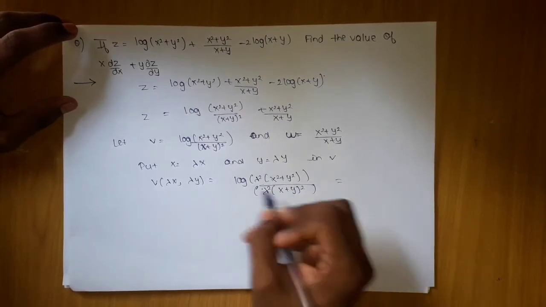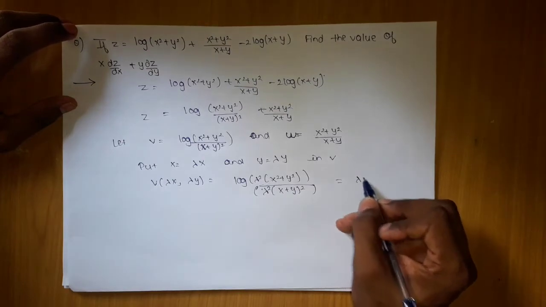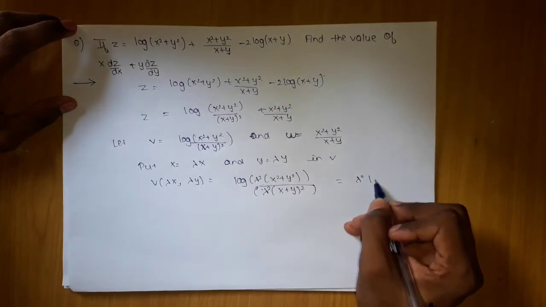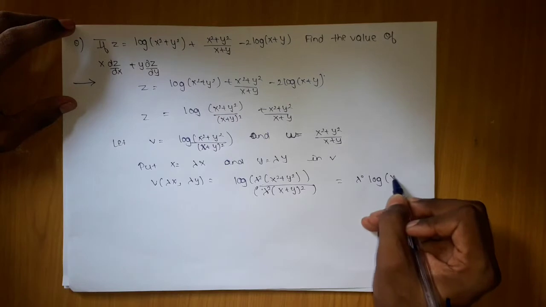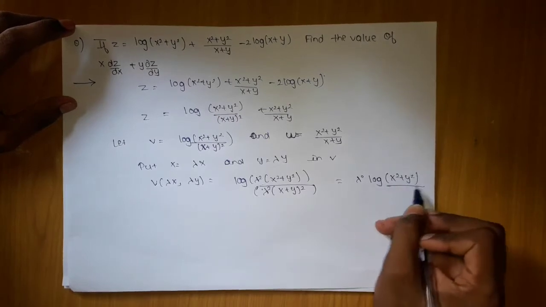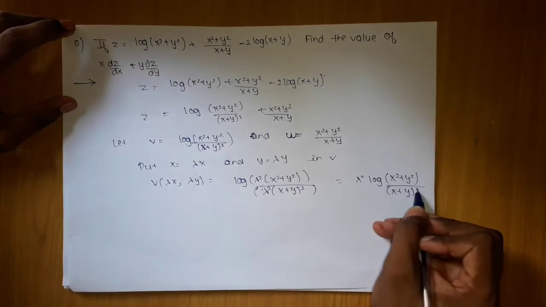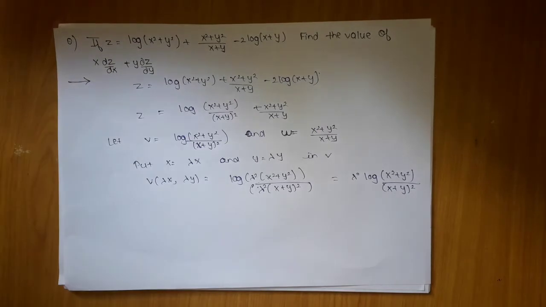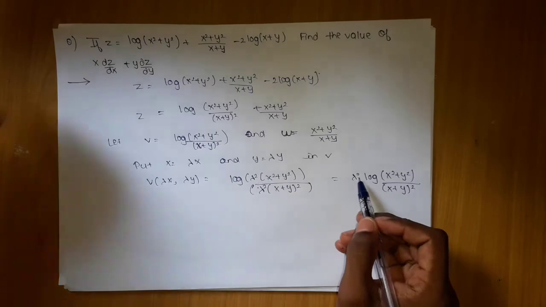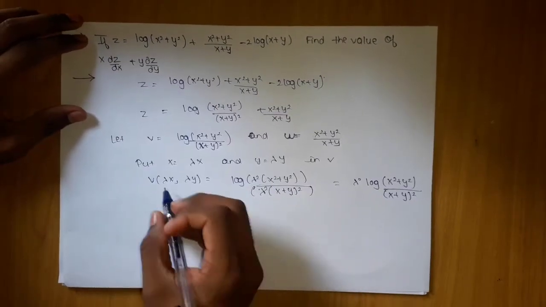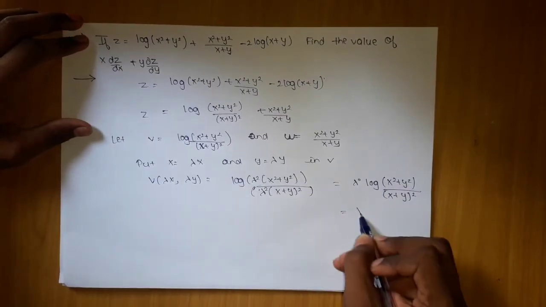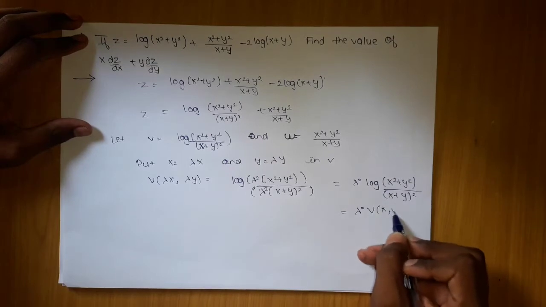So you can clearly see our lambda square will cancel out. We are finally left with lambda power 0 log of x square plus y square by x plus y the whole square. Right? We are left with this thing only. Now you can clearly see that the power here is 0, and we have verified that it is a homogeneous function by writing this step v of x comma y.